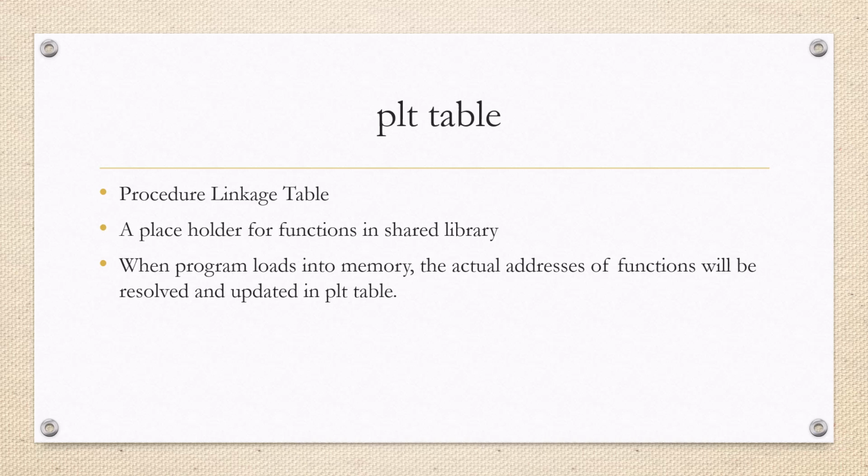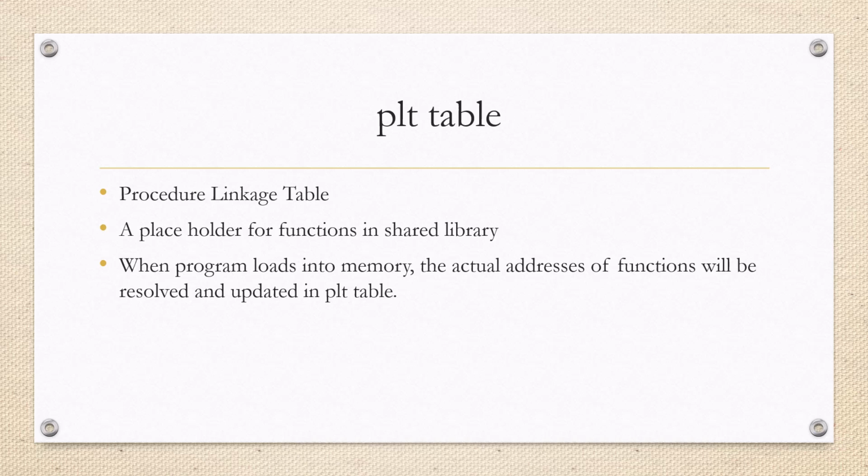During the build process, the functions and variables will not be resolved; it will create a procedure linkage table, and then the build is completed. The procedure linkage table is a placeholder for the functions in the shared library.